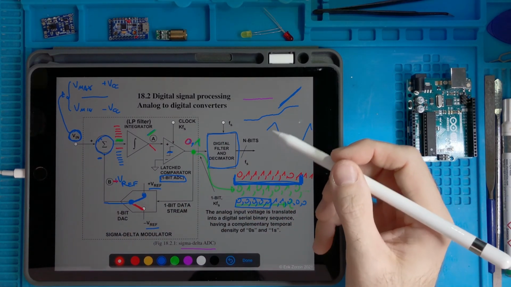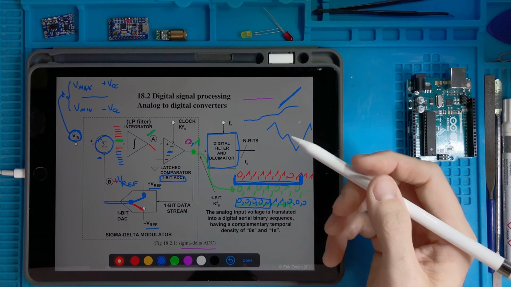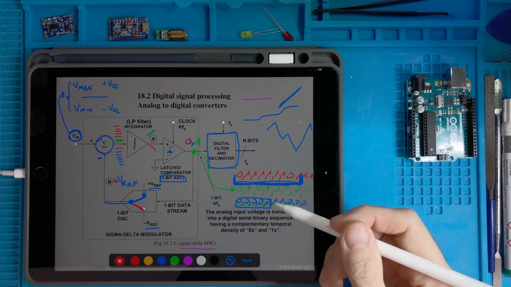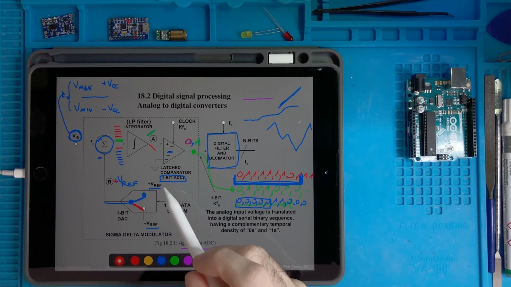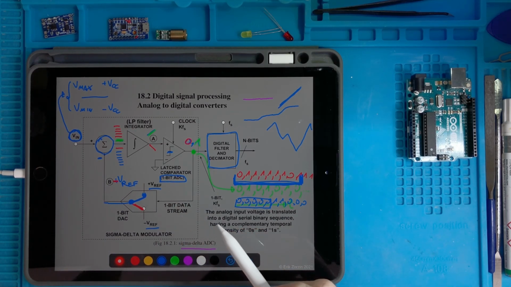So this can be done with some combinational logic circuits. So we never have to underestimate what we can do with a single bit, because if the circuit is arranged in a clever way, we can still do a lot of things, even if we have one-bit logic.